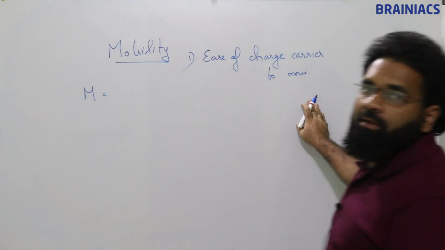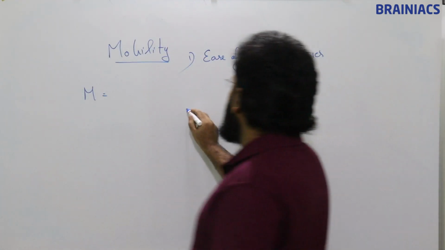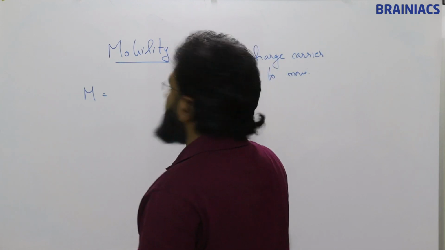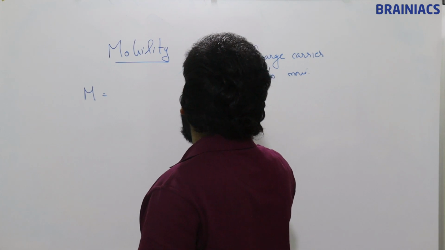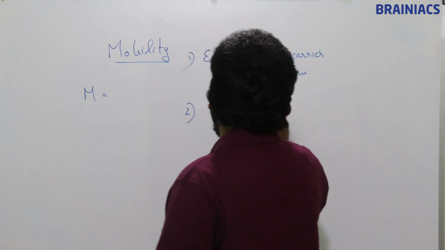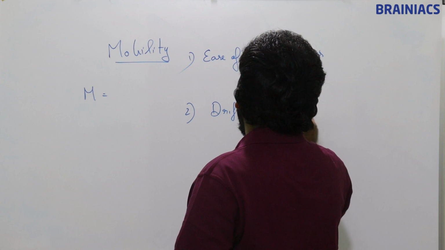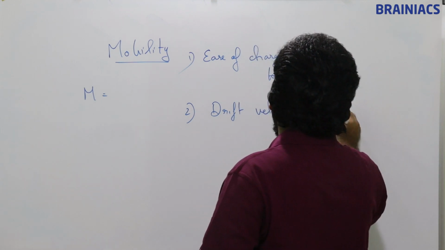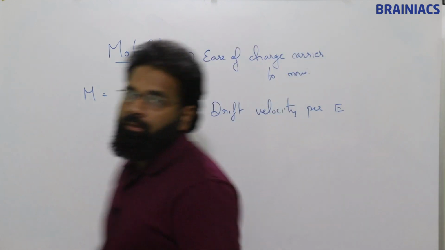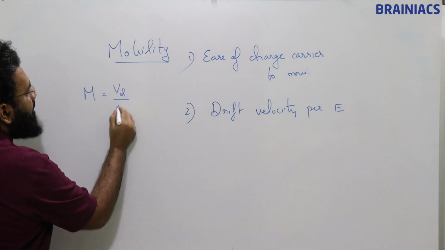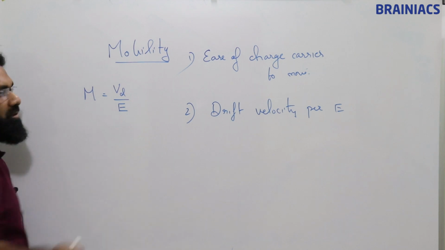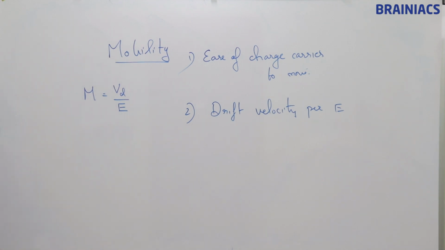Another thing is drift velocity per unit electric field, or we can say mu is equal to Vd by E. So this is the formula for mobility, Vd by E.